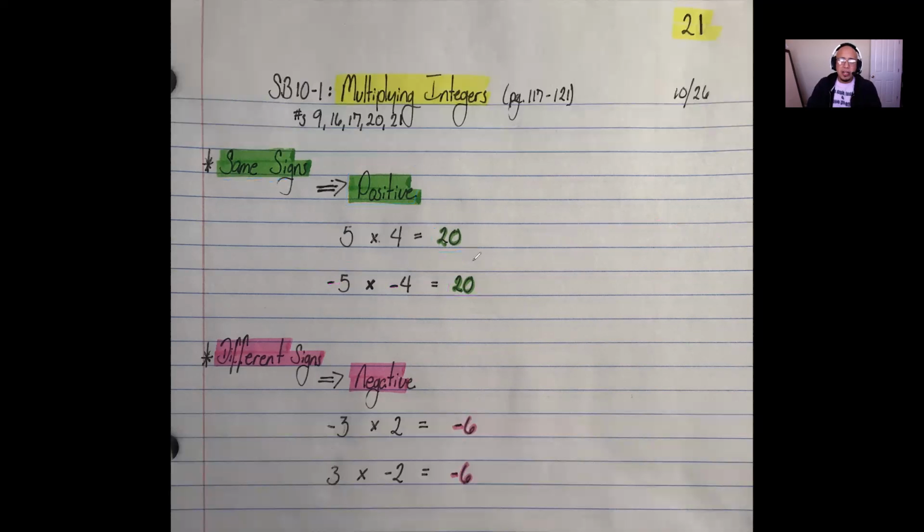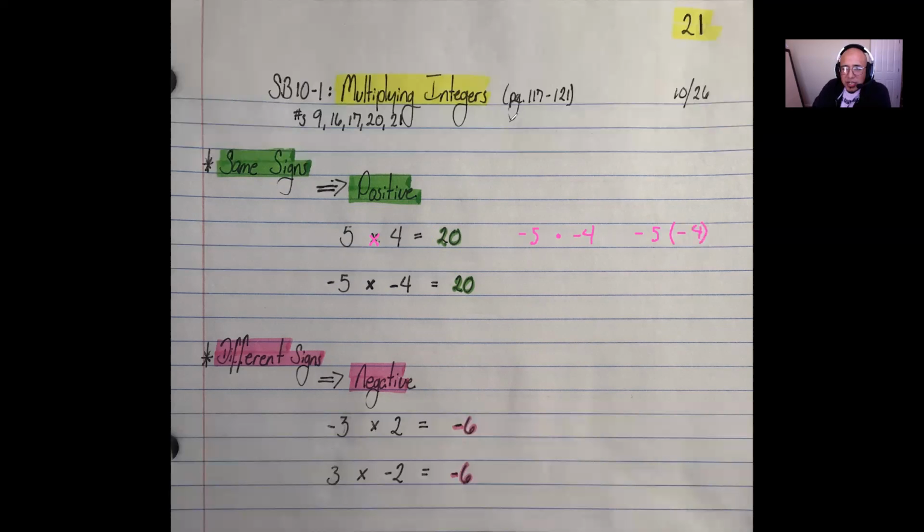Now, before I move on, let's talk a little bit about how you'll see multiplication expressed on paper. Obviously, the times symbol means multiplication. By now, you should know that if I have something like negative 5 with a dot and then negative 4, that also means multiplication. However, another way that you'll see this expressed is like this: negative 5 parentheses negative 4.